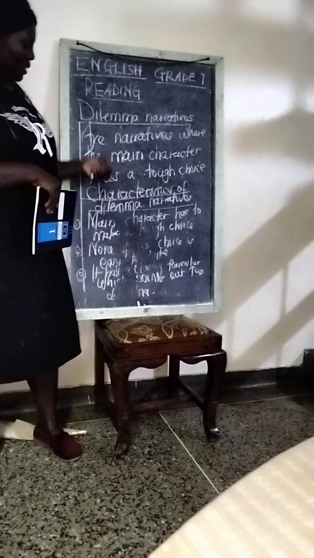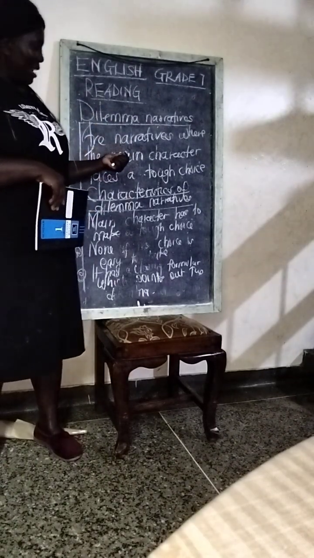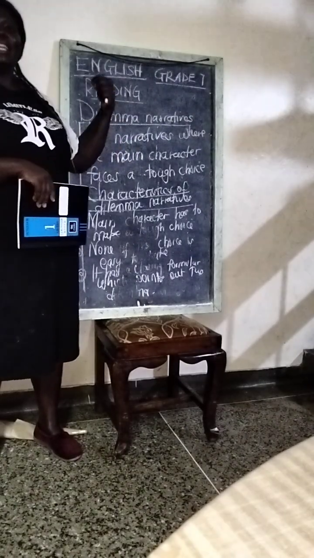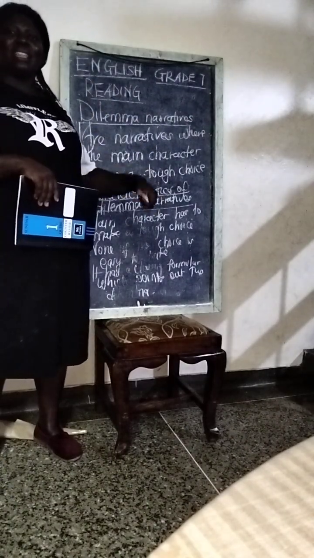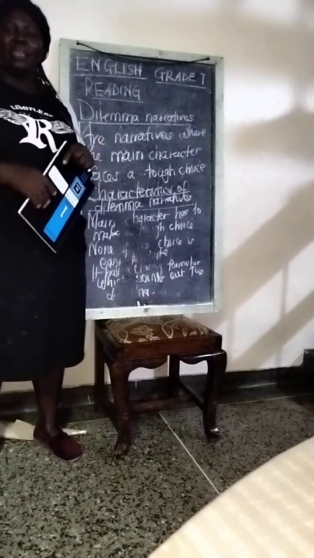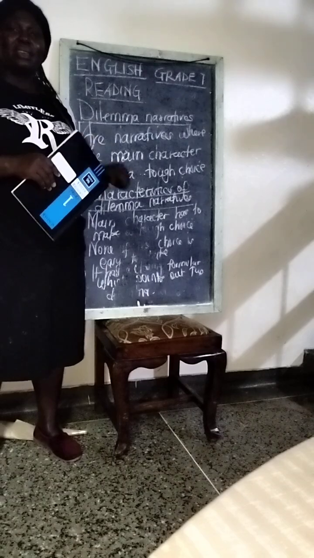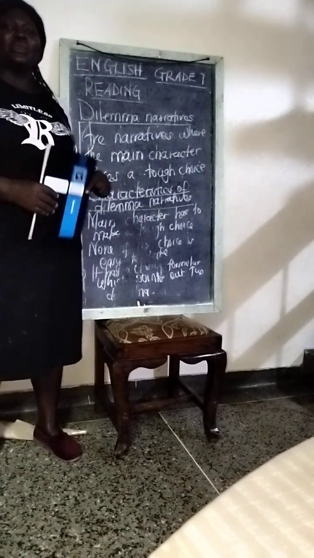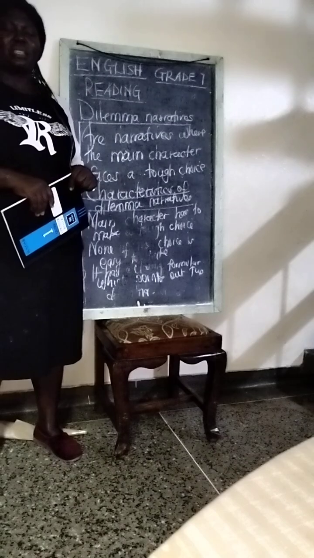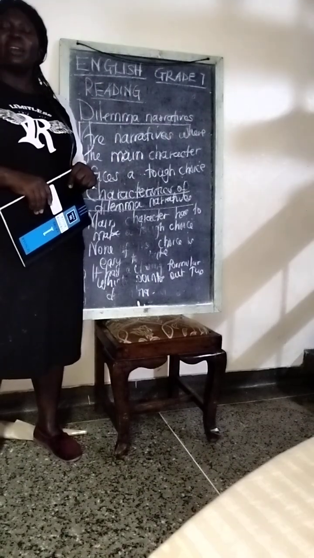Now, another thing you were supposed to answer was relate the experiences in the narrative to our real life situations. Many times we have leaders, and leaders do face a lot of difficult situations, and they have to make a choice.